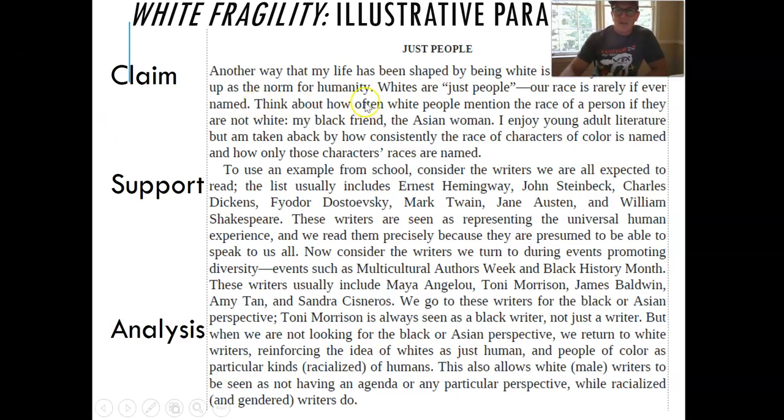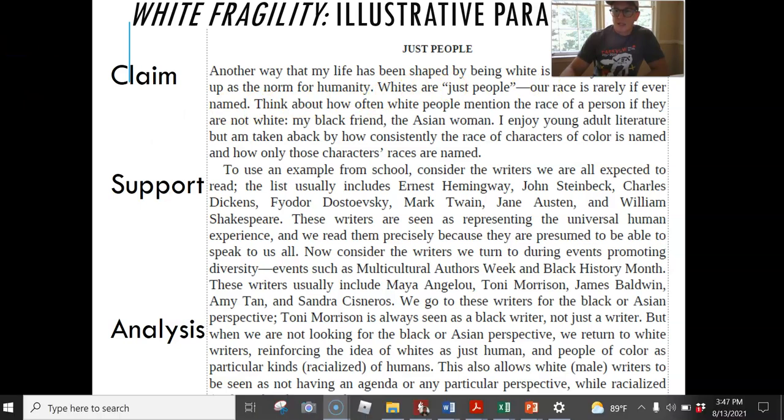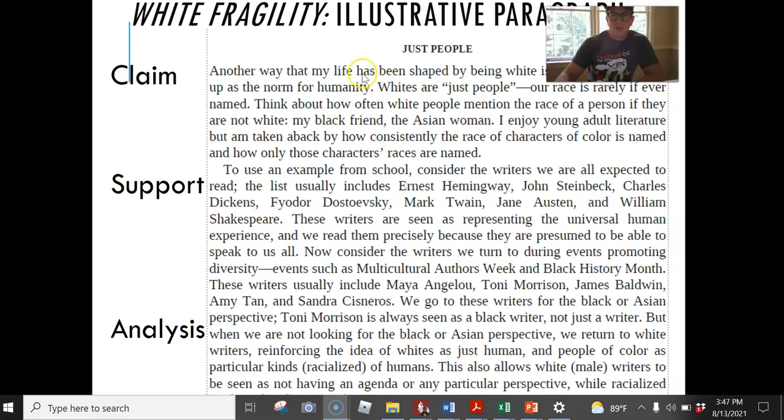"Another way that my life has been shaped by being white is that my race is held up as the norm for humanity." So that's her main claim, that her sense of being white is equal to what is considered to be just the basic normal mode for humanity.